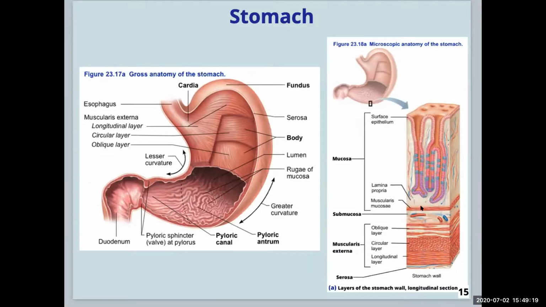Now, if we look at the microanatomy or the histology of your stomach, you see that the internal surface of your stomach is lined with simple columnar epithelium, and these are arranged into these tubular-shaped structures. These are known as gastric pits, and these pits lead into the gastric glands.